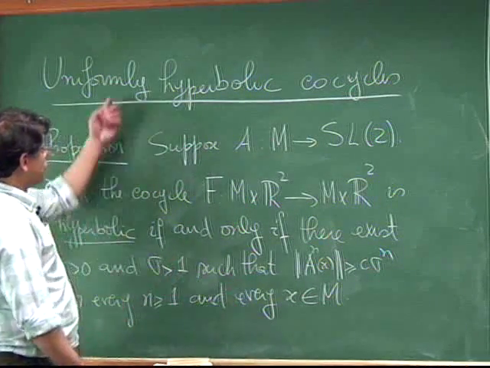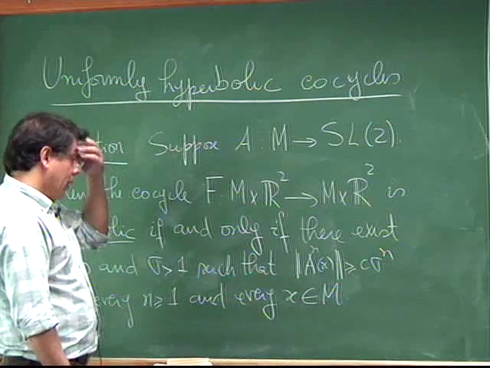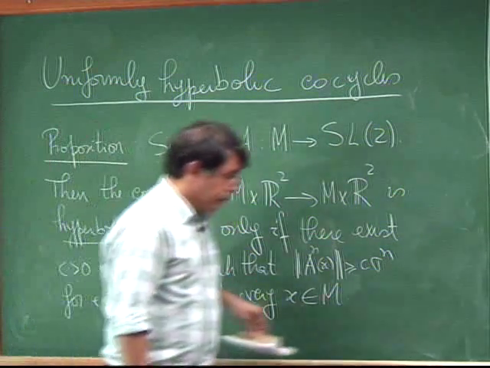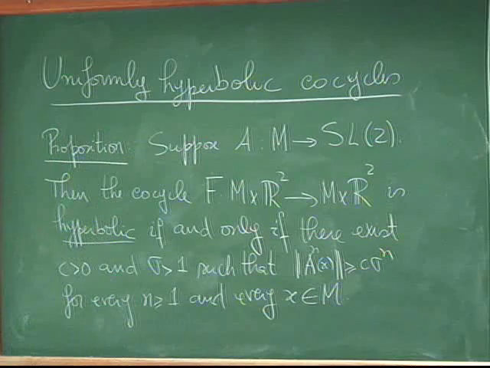That's why we say uniformly hyperbolic. Then this suffices to get hyperbolicity. So I said I'm not going to prove it here. The proposition is proved in the text. I'm not going to prove it here because we will be using a similar argument at some point, and I don't want to repeat.